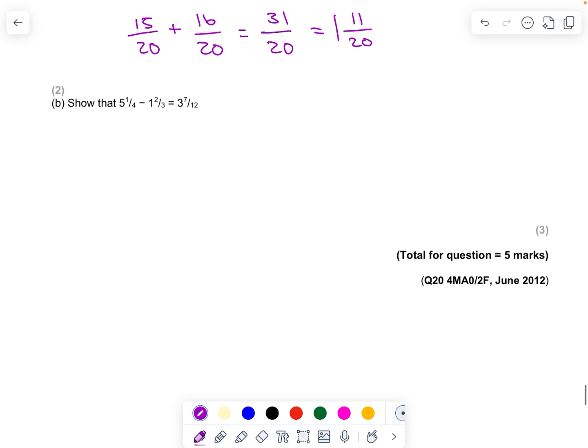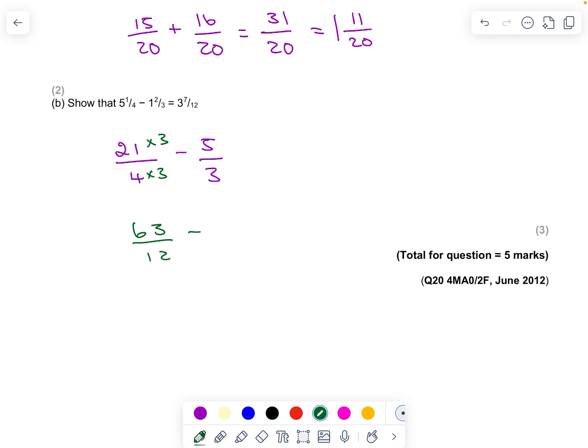The next one I do in almost the same way, but first of all I'm going to turn it into an improper fraction. So 5 1/4 is 21 over 4. Then 1 2/3 is 5 over 3. I'm going to turn these both into twelfths. So I'm going to multiply top and bottom of the first fraction by 3 to give me 63 over 12.